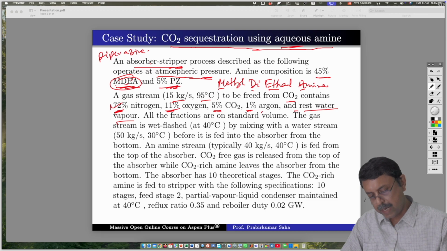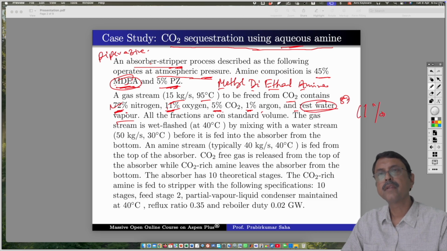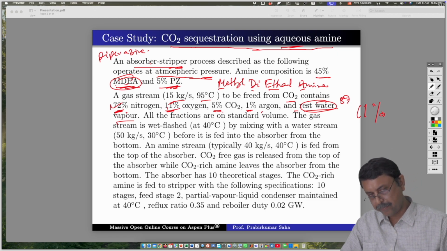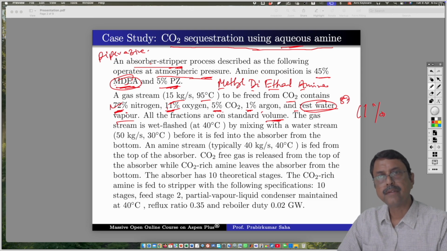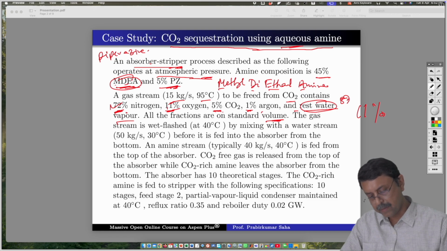Total 72 plus 11 plus 5 plus 1 counts to be 89, right? So water vapor will be 11%. Now all the fractions are on standard volume, so it is volume percent, standard volume percent.